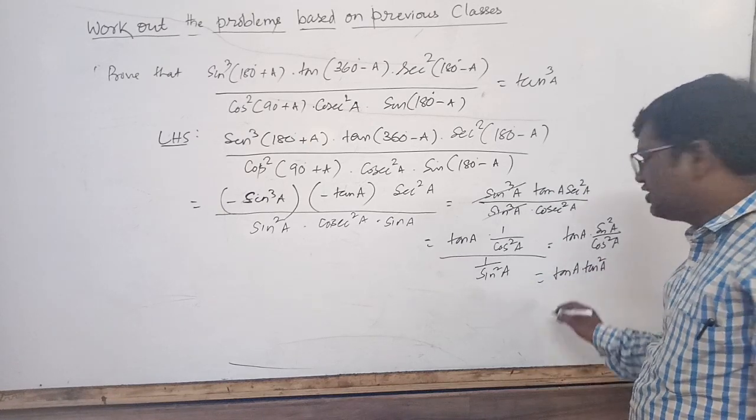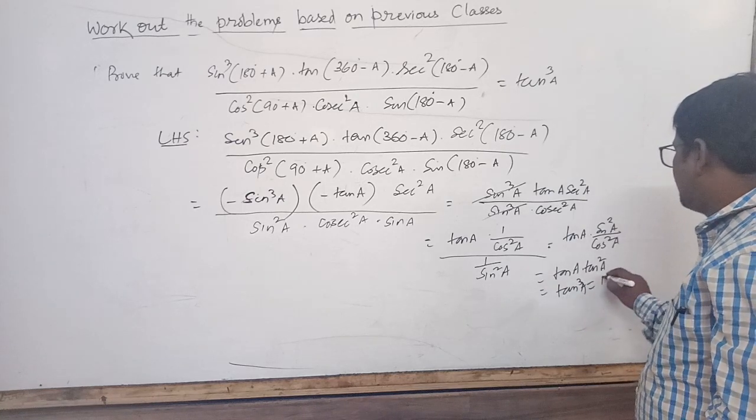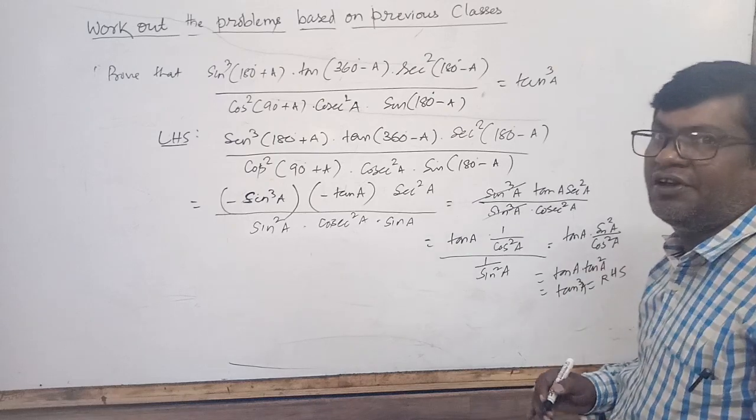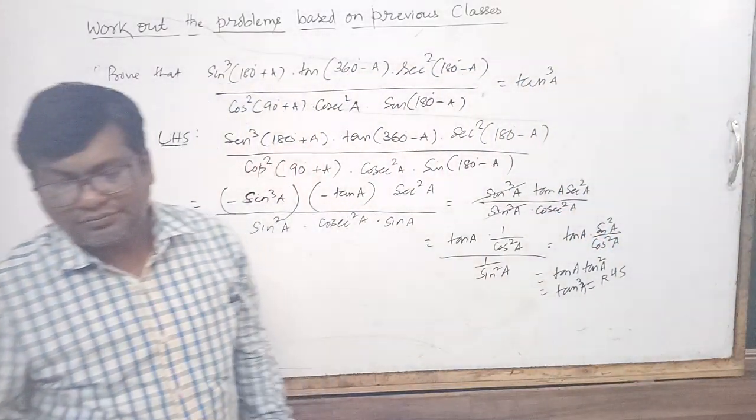So the final answer is tan cube a, which is equal to RHS. Clear? Then another question.